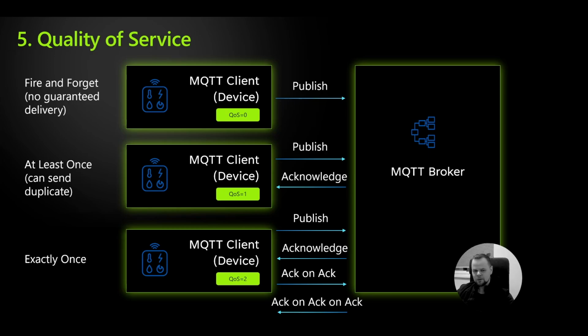In the performance tests that we've done, we really could not use quality of service 2 because it made things much slower than quality of service 1. So in case you need robustness, quality of service 2. In case you don't care, quality of service 0. And the middle ground is always the most tempting one, so please choose wisely.